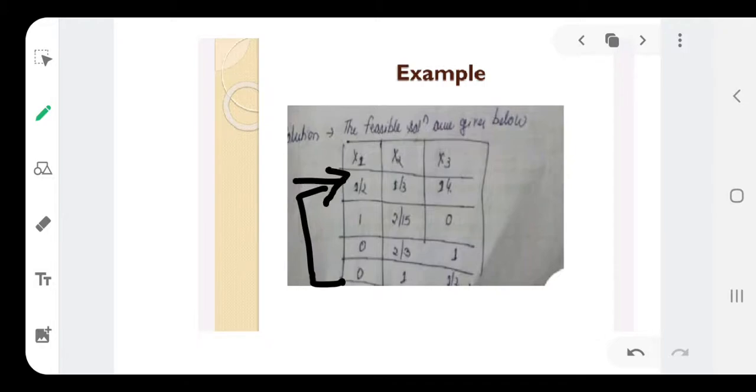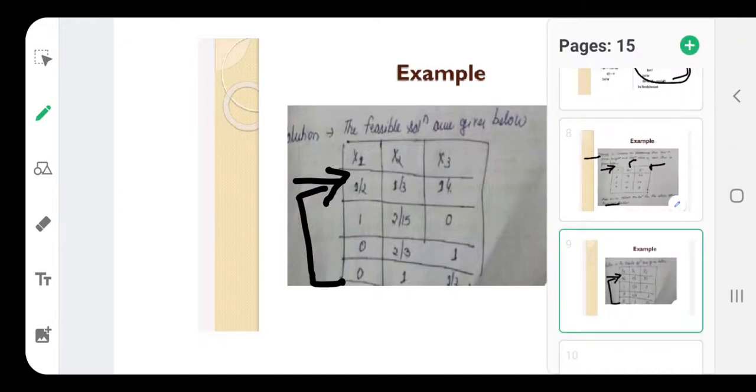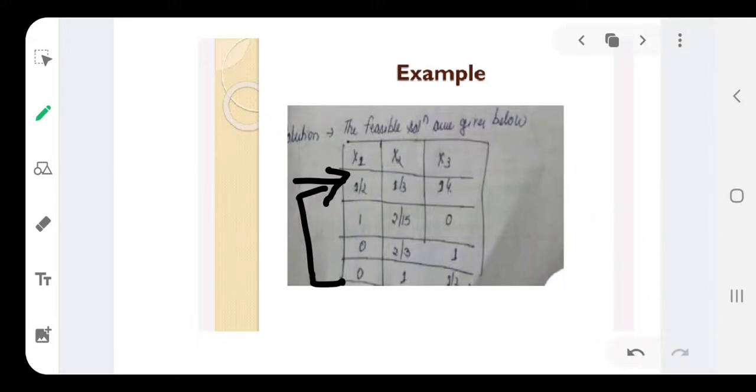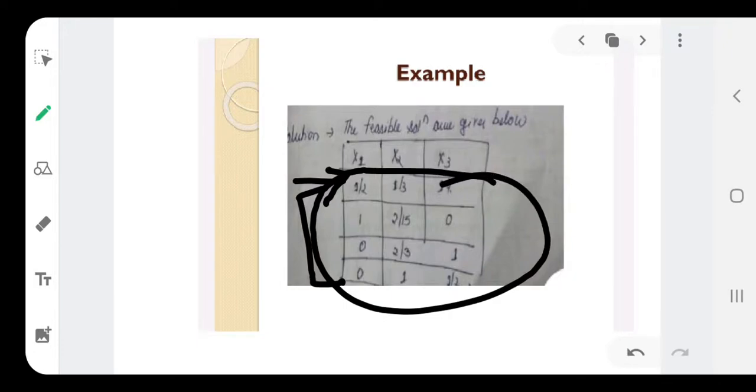If I take half of the first object, 1/3 of the second object, and 1/4 of the third object, then I compute the weight of the knapsack and the profit value I am getting, so that I can decide which solution is feasible among all 4 possible combinations.